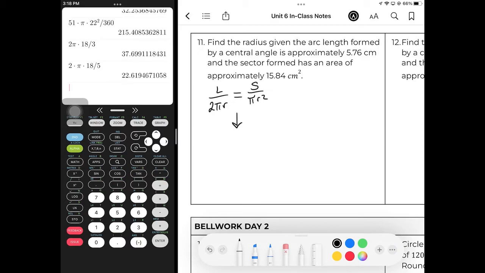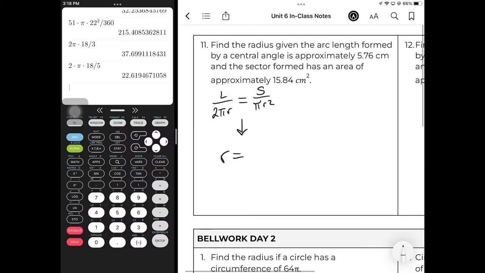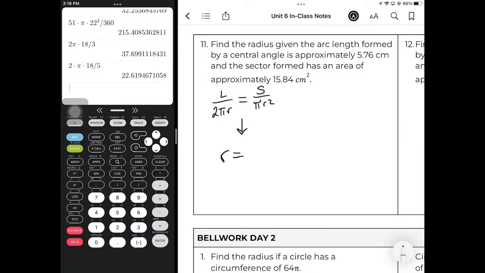I can manipulate this formula to solve it for r, and when I do, I get this. And I just want you to make sure you copy this down. If you want to come by and go back over this with me, I can gladly show you where I'm getting this. But if I solve this equation for r, if I get r by itself in this equation when I cross multiply, the pi on both sides cancel, the radius is actually just the sector area times 2 divided by the arc length.